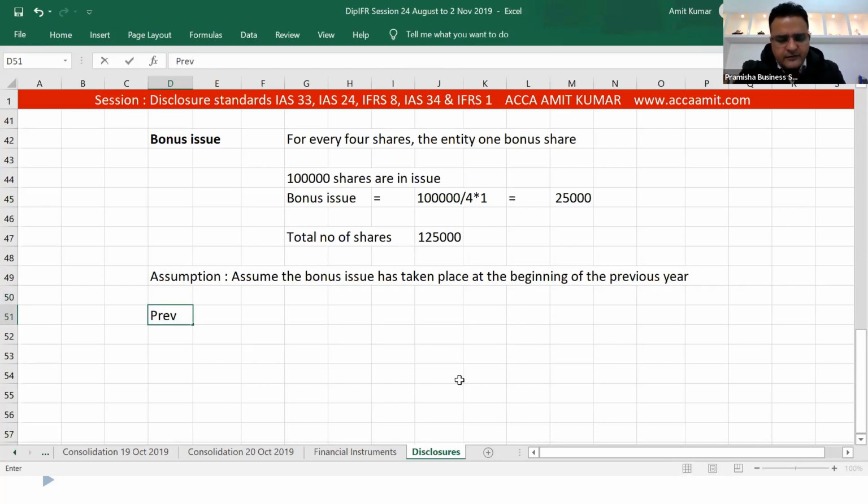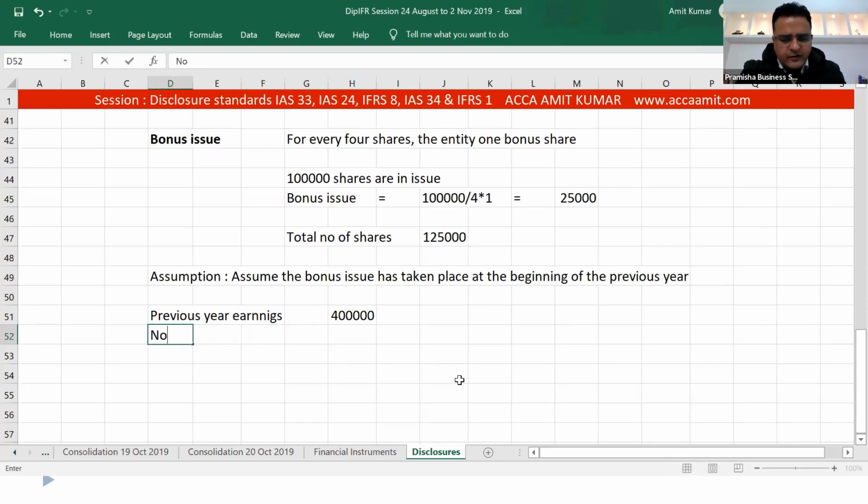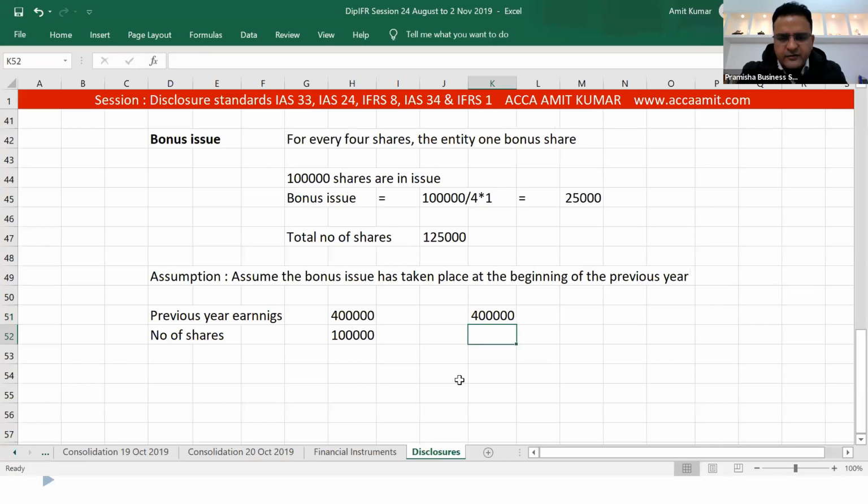If previous year earnings were 400,000 and number of shares outstanding were 100,000, we'll still assume that the previous year earnings will be divided by 125,000, assuming that the bonus issue has taken place at the beginning of the previous year. So previous year EPS will be adjusted again. The same earnings will be divided by the adjusted shares to make it comparable.